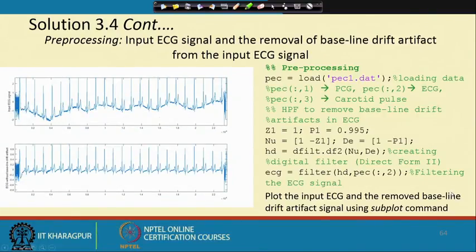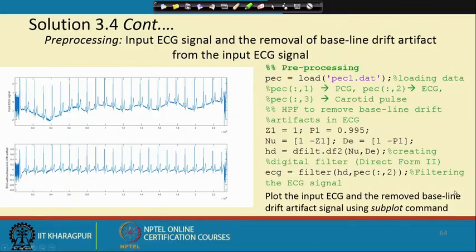Here on the left we see the ECG signal is suffering from baseline drift, and that is removed by a filter with a zero at the DC frequency, along with a pole to make sure that other low frequency components are not affected that much.